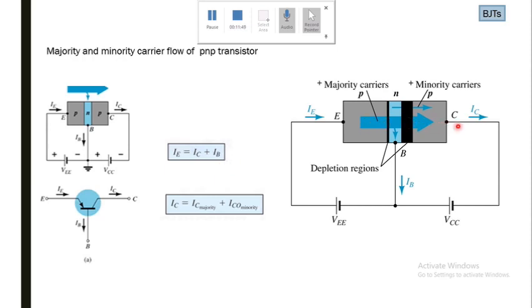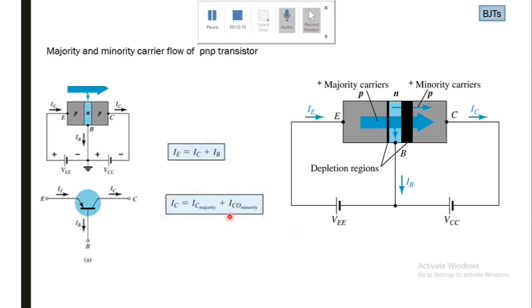The collector current IC is the sum of the majority carriers flowing from emitter to collector, and ICO minority, which is the current due to minority carriers.